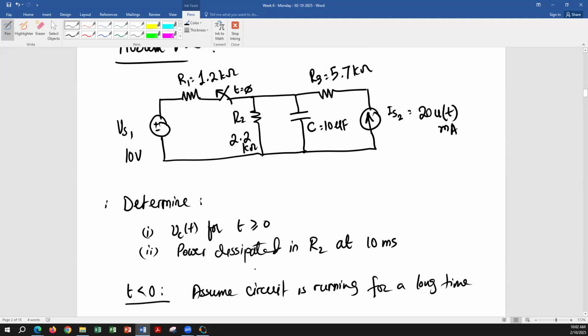Okay, if circuit is running for a long time, what is going on before the change happened at t is equal to 0? What your circuit is going to be?